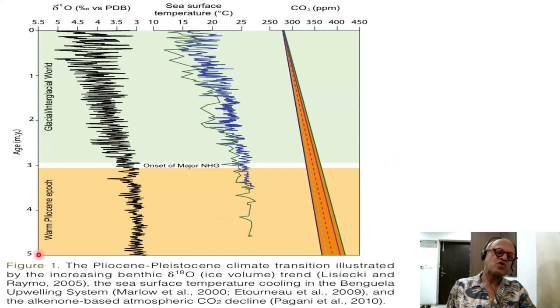So here is time going from about 5 million years to the present, and we are looking at the onset of major northern hemisphere glaciation here. So basically the climate variability shifted from higher frequency but smaller amplitude 41,000 year time scale, which corresponds to the obliquity. Again, if you don't know how orbital time scales and Milankovitch cycles work, you can follow up on my other podcasts.